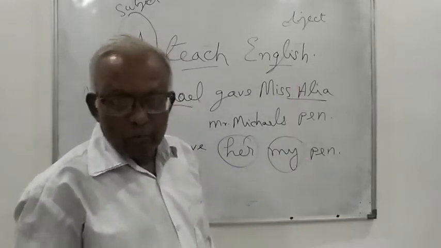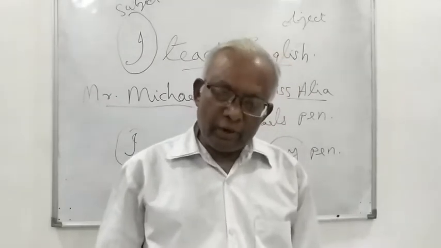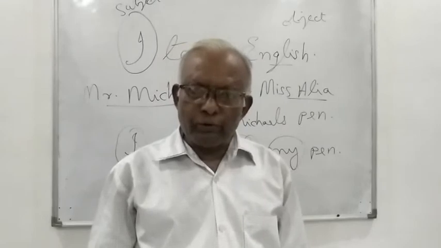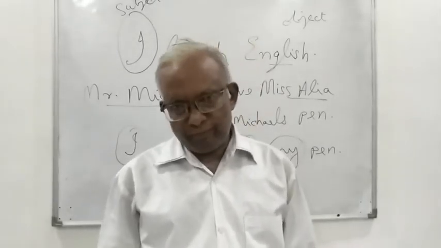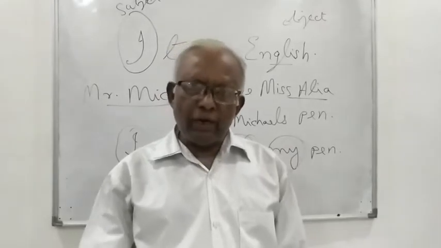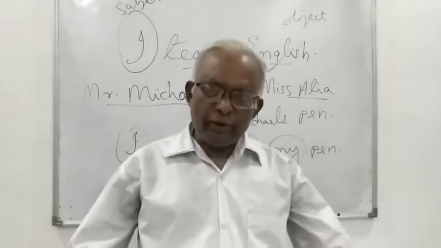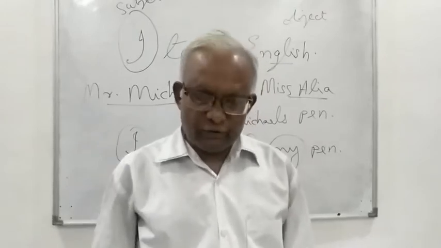Object always need not be things. Objects can also be people. And very often we don't use their names. We use pronouns. And therefore today I am going to give you a list which you are quite familiar with, but I am giving it in a new light.